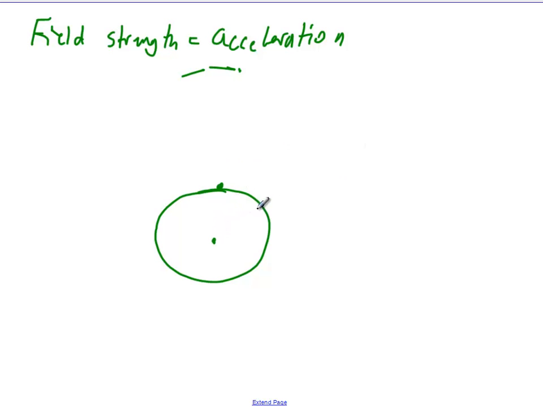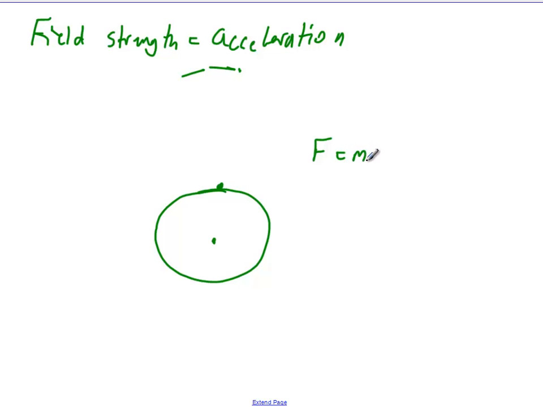Okay, why do all objects accelerate with 9.8 meters per second squared acceleration if they all have different masses? Well, it's because it's not dependent on the mass of themselves, it's dependent on the mass of the Earth, right? And you can see that in this equation.